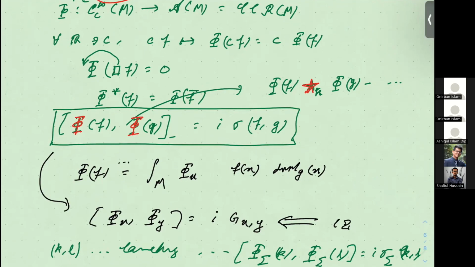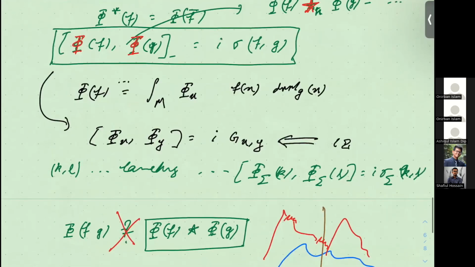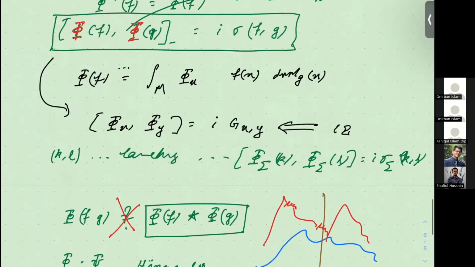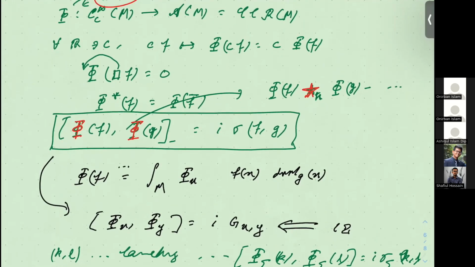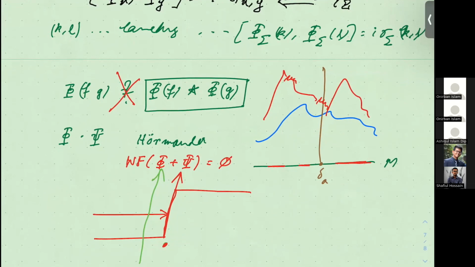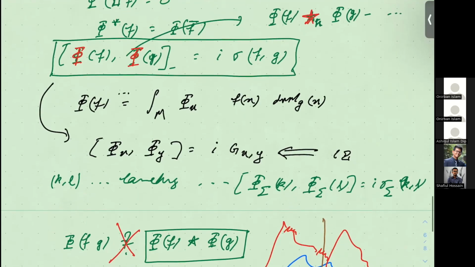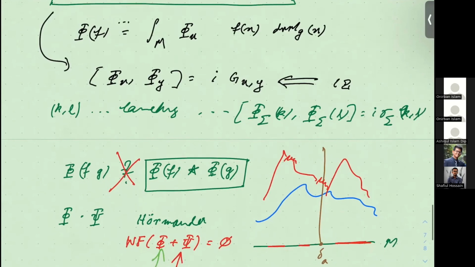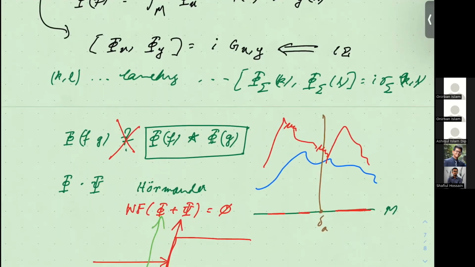Yeah, so that's what I am asking, that when you are writing this, you are assuming that your distributions have those nice properties. No, as I told you, I haven't. If you assume that, then what I have presented is right. But in general, you don't need to assume that, but then you have to talk about the whole wavefront set business, which I haven't. Okay, all right. So that was in general, but then you have to tell what the wavefront set condition is and so on, the UV renormalization.